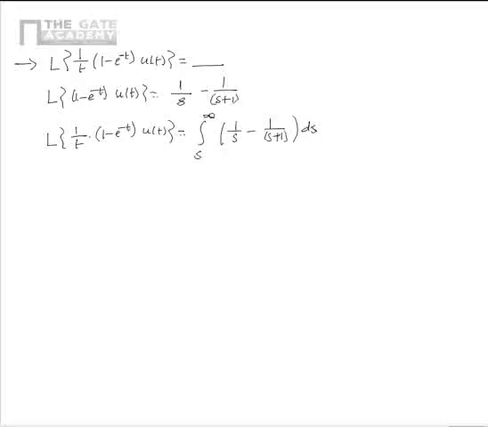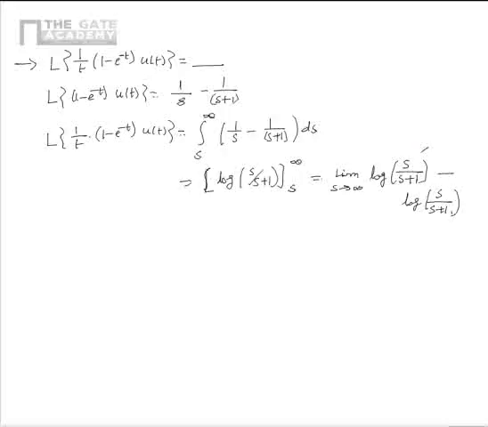This is because the Laplace transform of 1 by t into f(t) is equal to the integral from s to infinity of F(s) ds. So this can further be simplified as log of s by s plus 1, with limits from infinity to s. The same further gets simplified to the limit as s tends to infinity of log of s divided by s plus 1, minus log of s divided by s plus 1.